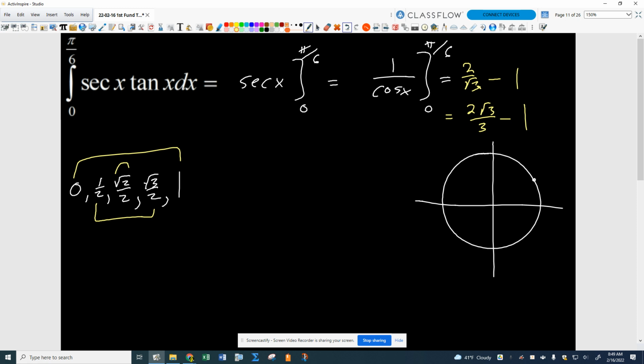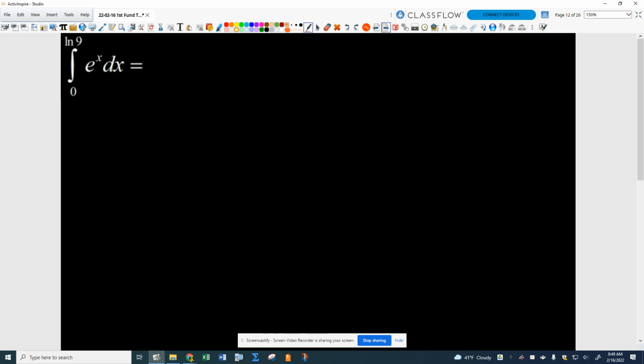Okay, good. All right, how about that guy? E to the x is another one that's easy, right? What would be the antiderivative of e to the x? E to the x, right?